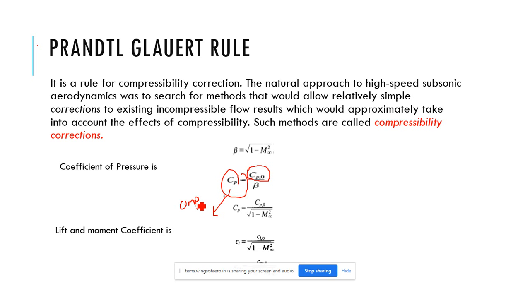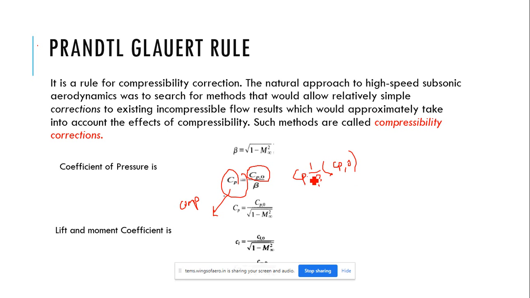So there is a difference in the coefficient of pressure between incompressible flow and compressible flow. The difference is 1 by beta of Cp0, where Cp0 is for incompressible flow.